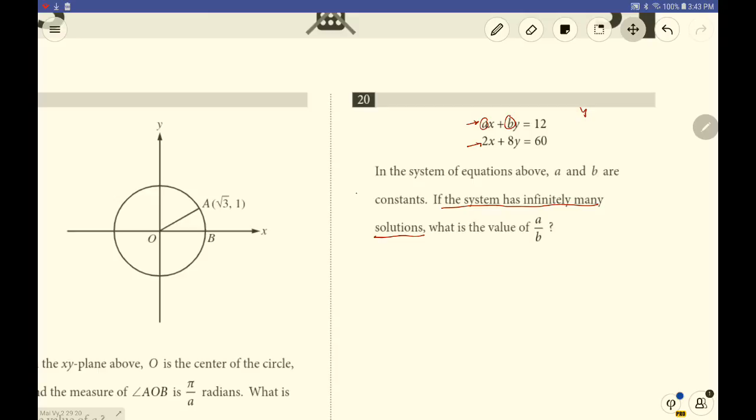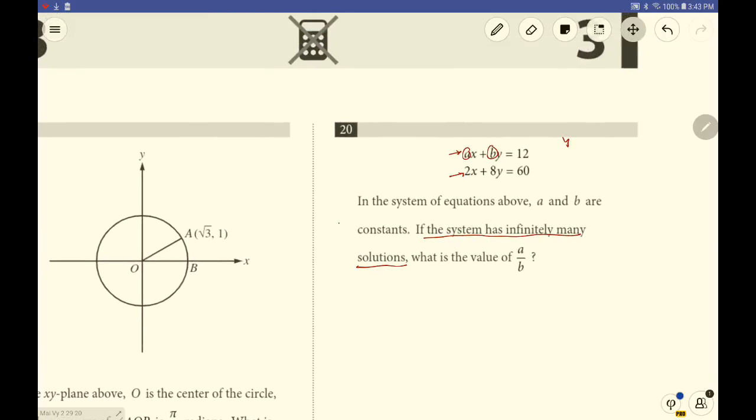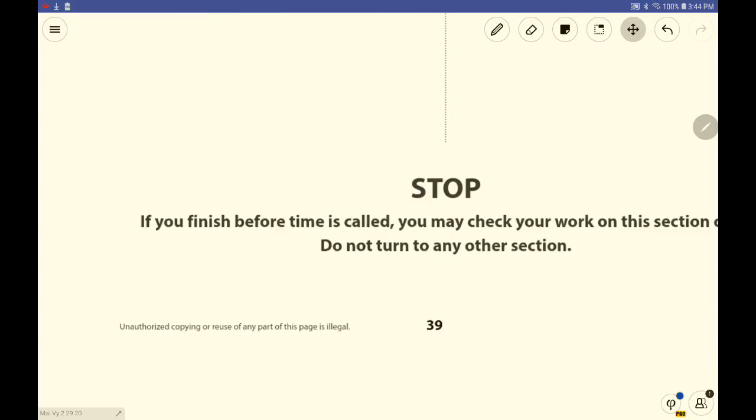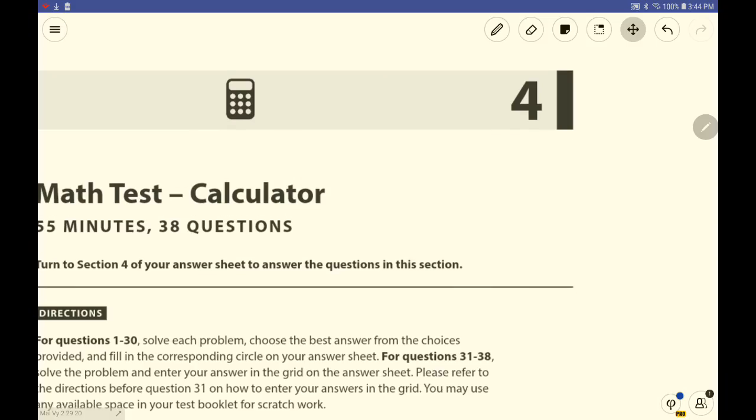And any question that they ask you about one line, you can answer about the other line because they are the same line. They want to know what is a over b, which means the coefficient of x divided by the coefficient of y. So do it for this one. The answer is 2 over 8 or 1 over 4. Because they are the same line, you can answer a question about one line with something about the other line.